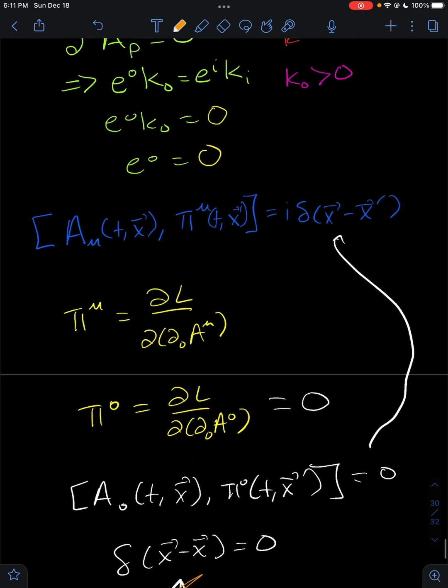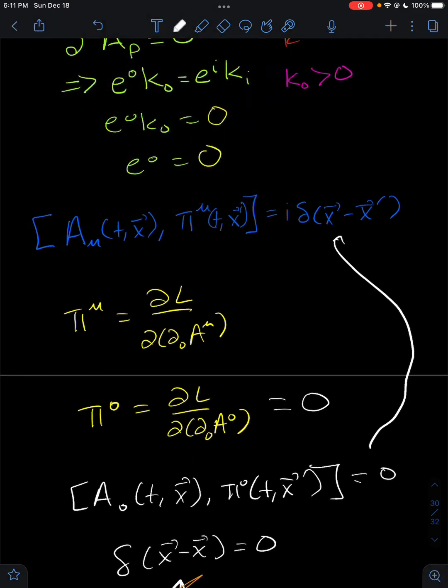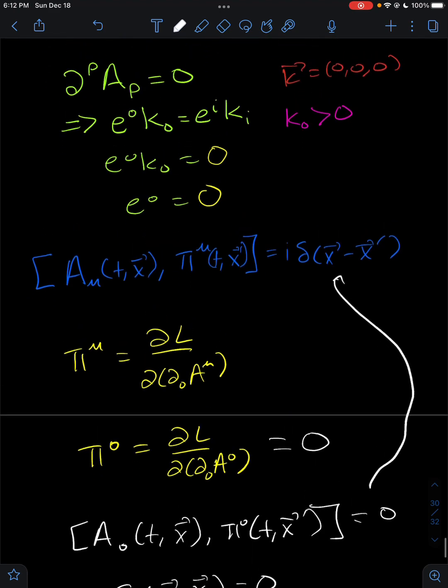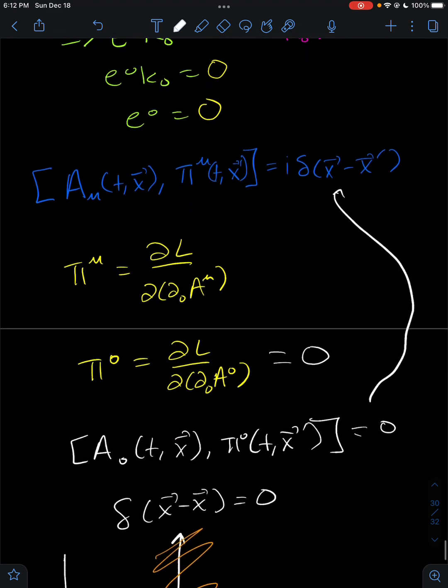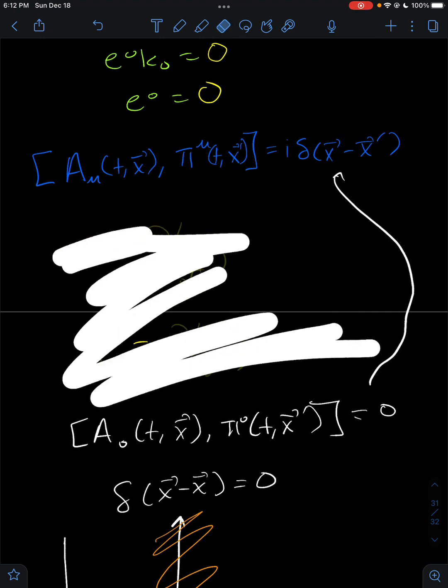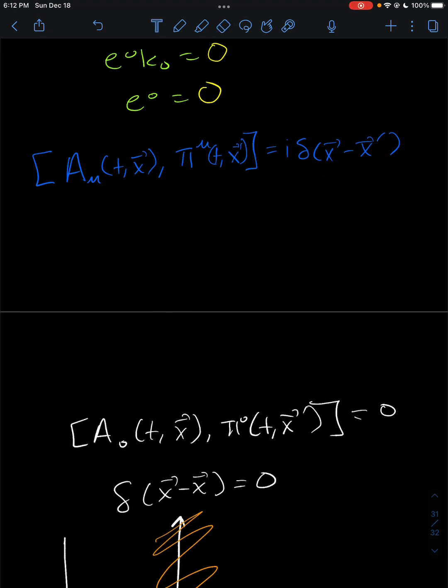So really, we shouldn't be defining a commutation relation with A0, because if we use A0, we get a contradiction. We should really define the relations only for the cases where mu equals 1, 2, and 3, and leave out the case where mu equals 0.